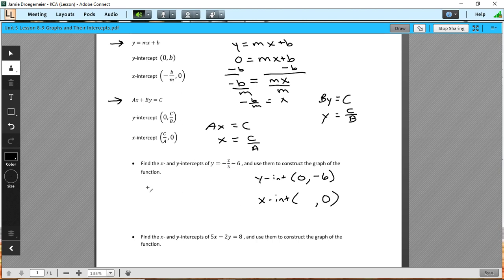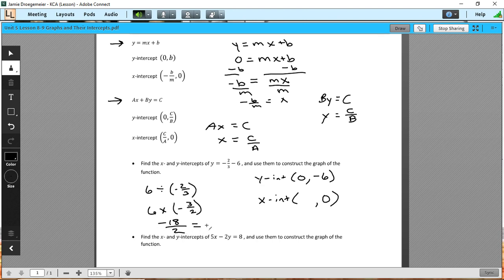And then we would divide it by the slope. Well, this is a little bit more difficult. We're taking 6 and we're dividing it by -2/3. If you remember, dividing by a fraction is the same as multiplying by its reciprocal. And reciprocal means we're flipping that fraction. So 6 divided by -2/3 would be the same as 6 times -3/2. Multiplying across to multiply fractions, 6 times -3 is -18 over 2.